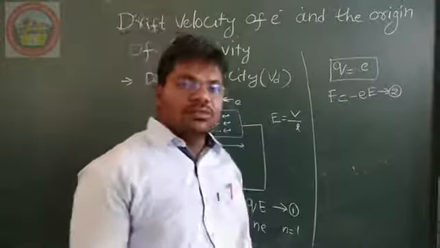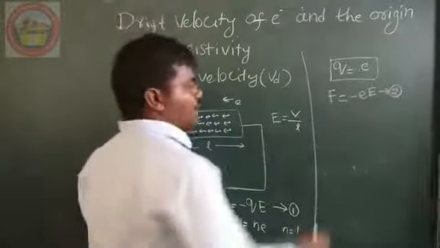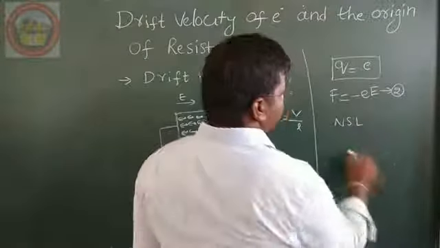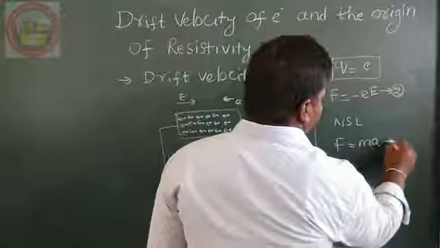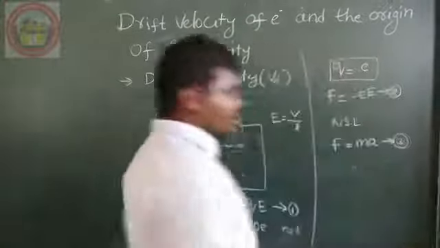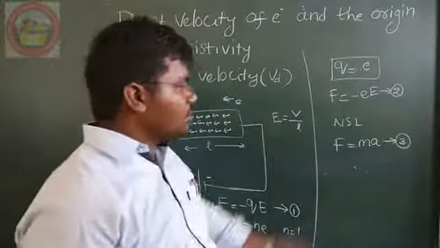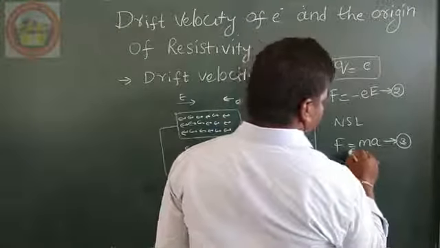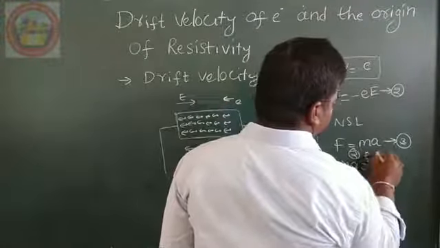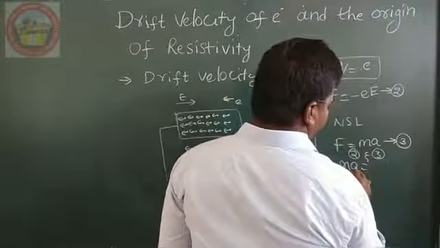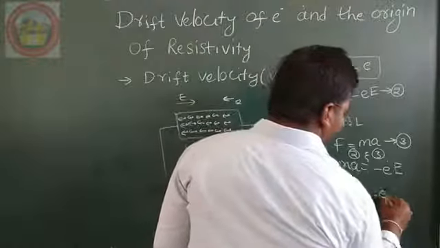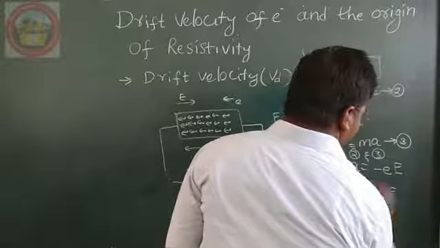According to Newton's second law of motion, F is equal to ma. From both equations, 2 and 3, F is equal to ma, that is equal to minus small e capital E. From this, a is equal to minus e capital E by m.